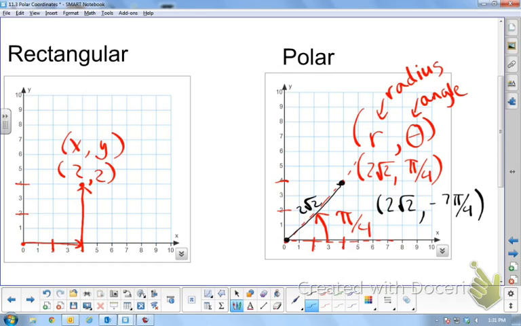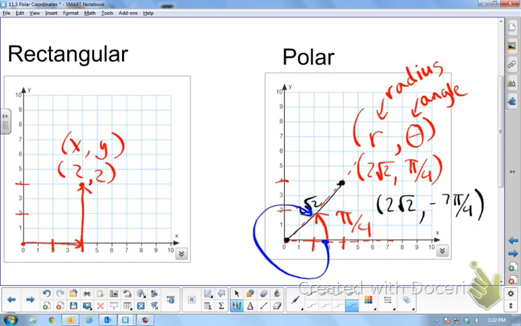Negative 7 pi over 4 says start at the initial side, rotate 7 pi over 4 in this direction, and we'd hit that same line.